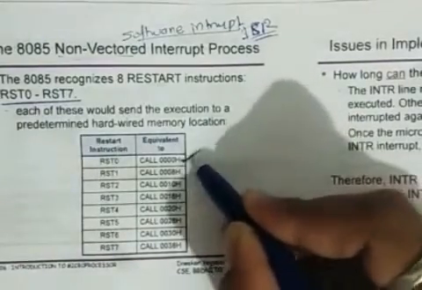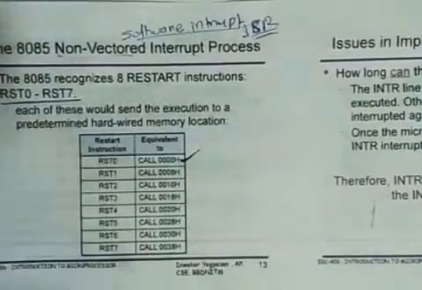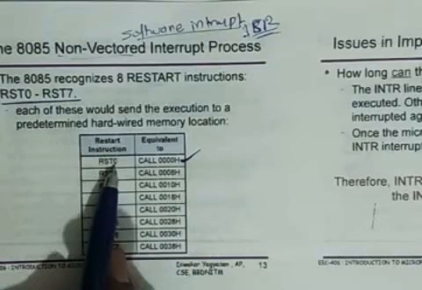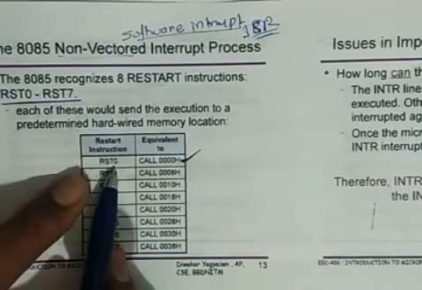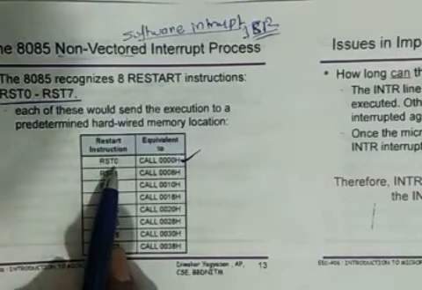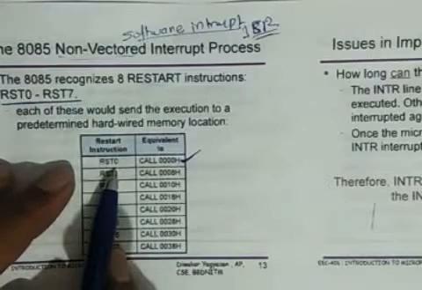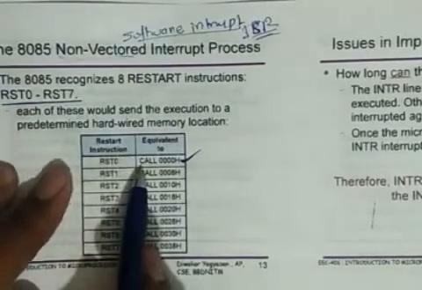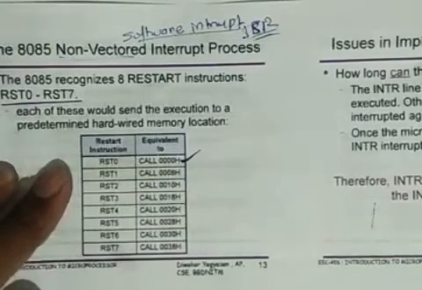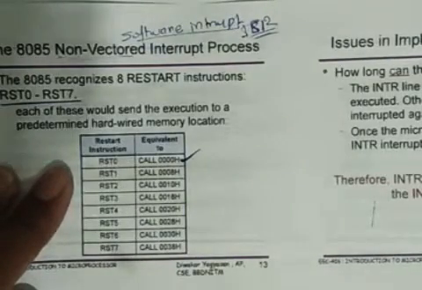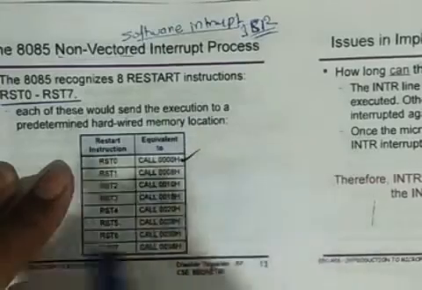Whenever the instruction RST0 is called as a non-vectored interrupt, the program execution goes to the location 0000H.